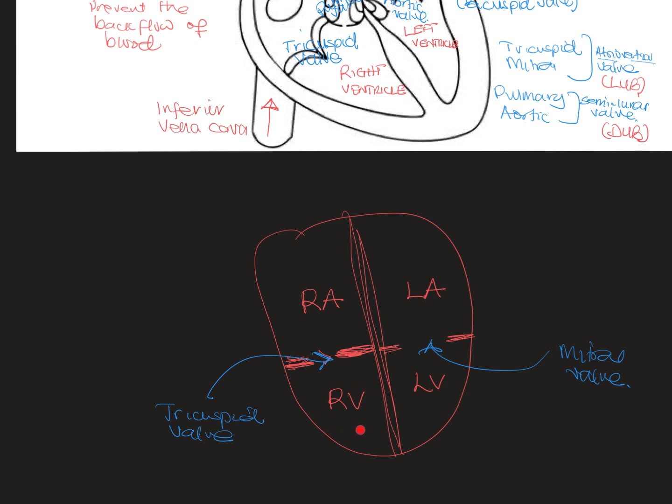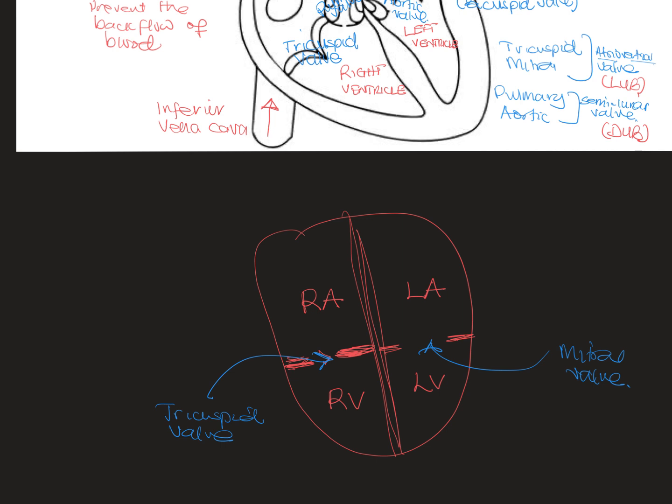Remember that the right ventricle wants to send the blood to the lungs, the left ventricle wants to send the blood to the aorta during contraction. So during that instant, what happens? If the valves do not close, blood will escape into the right atrium and the left atrium.